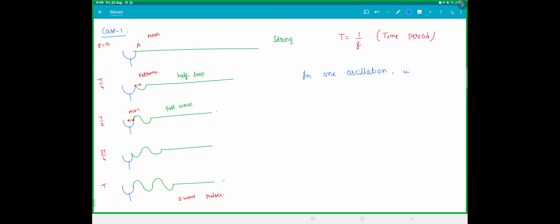In one oscillation, we get two pulses. So wave frequency will be 2f.